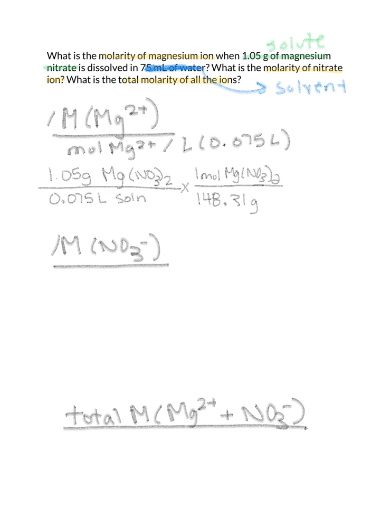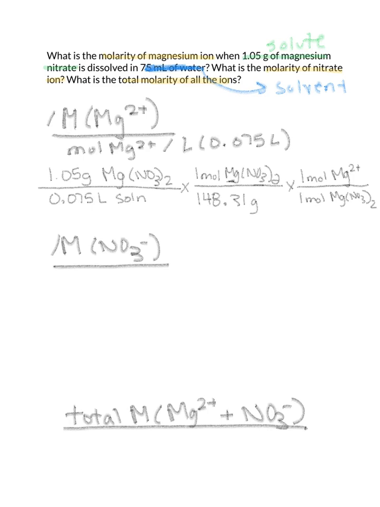Now, I look at that and I see that that is an ionic compound. What am I going to get when I break up? Well, it looks like when I break up I get 1 magnesium. So 1 mole of magnesium nitrate makes 1 mole of magnesium 2+, right?